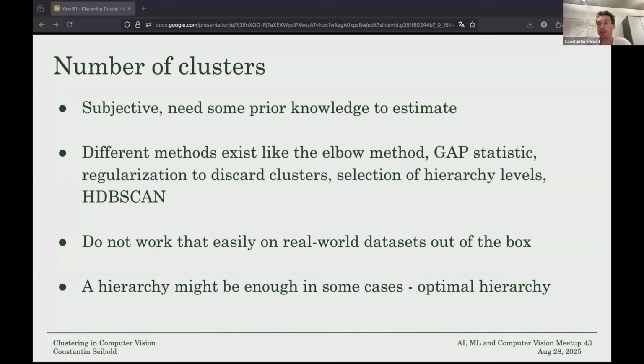Hierarchy-based methods like HDBSCAN or FINCH can help, because they provide some assumption in the results that they make about the data.